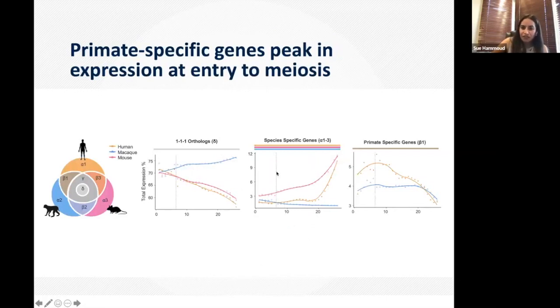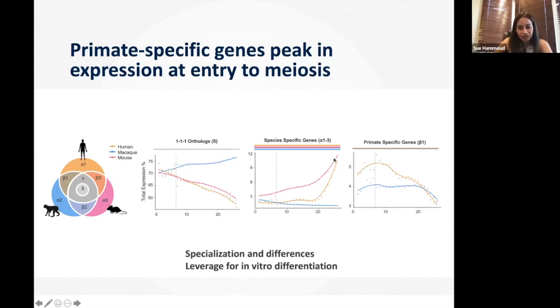Consistent with this decrease in correlation, you have an increase in species-specific gene expression. This tells us there is specialization and differences in the differentiation program that we need to learn, in order to understand the molecular regulators of these different pathways that are going to be important to turn on and off during in vitro gametogenesis for each of the different species.